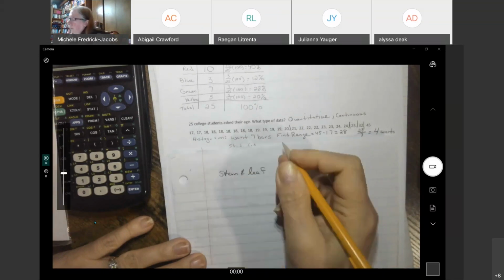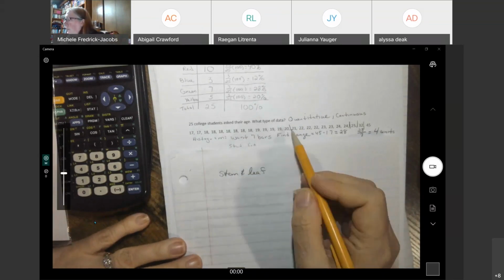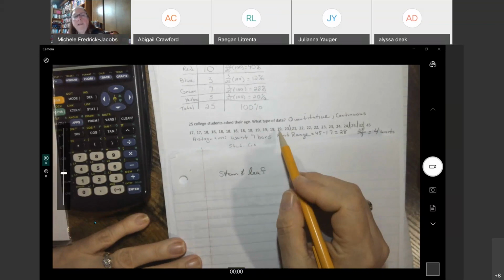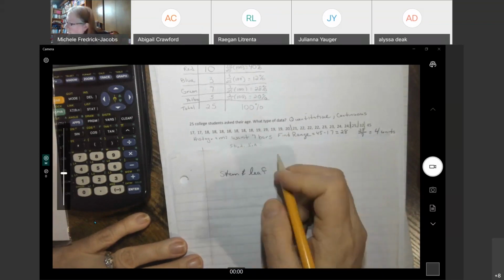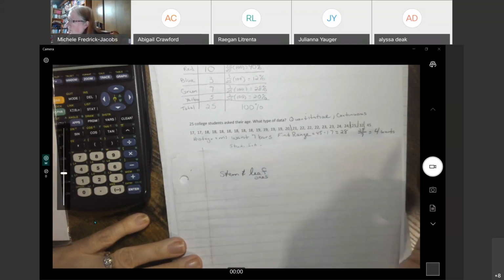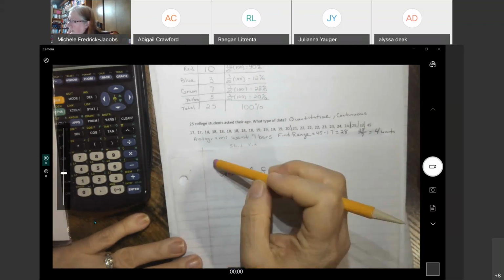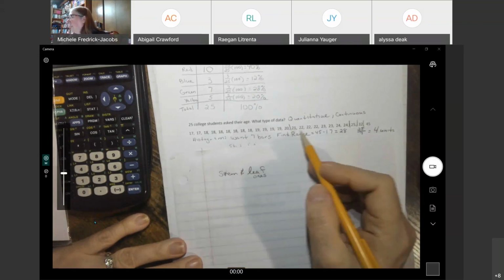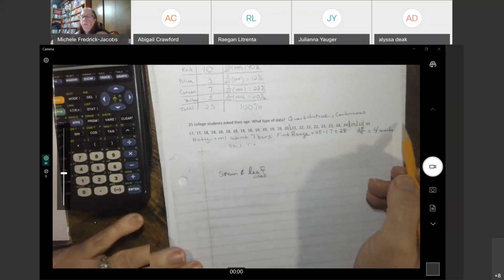Stem and leaf. The leaf is the rightmost piece of data. So notice in this data, this would be the ones position. And anything in front of that is your stem. And in this case, there's only the tens position because we don't go up to 100.